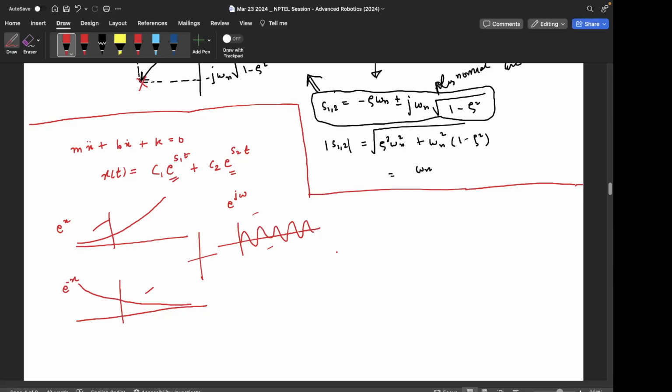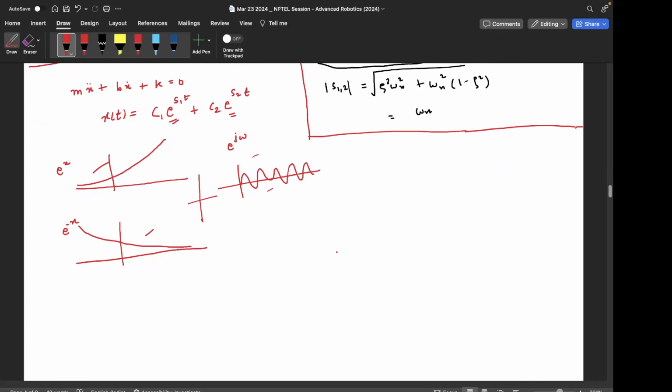Sir, it should decrease slightly, no, sir? No, slightly or rapidly is not our concern here. If I put e to the power minus 100x, then it will go to zero much faster than e to the power minus x. Both exponentials will decay, but one will decay faster than the other.